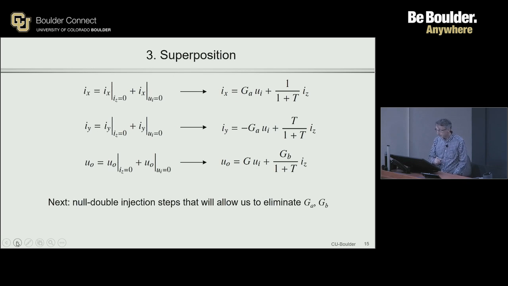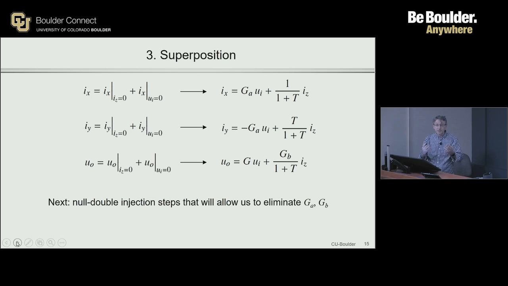Next step is going to be superposition. Very simple. We have two independent inputs, UI and IZ. And with respect to each one of them, independently, we have expressions for the outputs, IX, IY, and U naught.